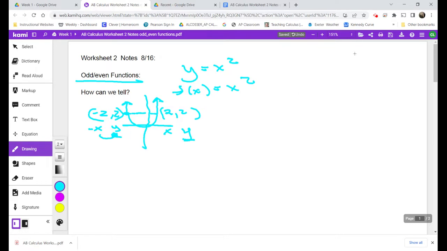So we take it further into a proof. This is what you guys are going to need to know right now. The proofs are on page 16 of your book, just so you know, page 16.